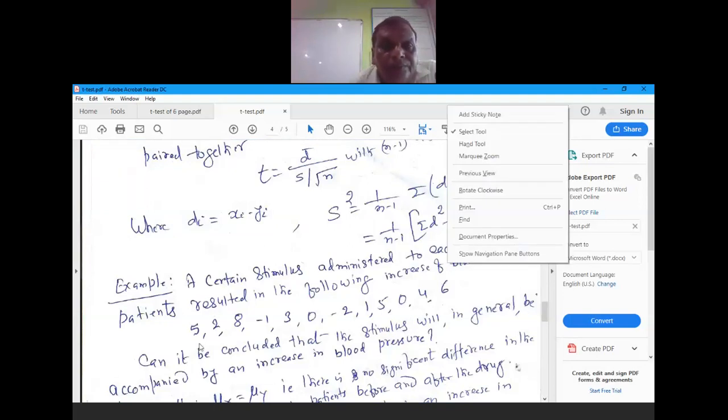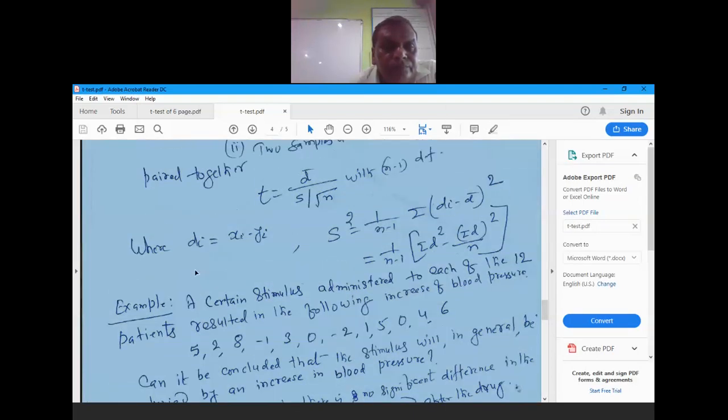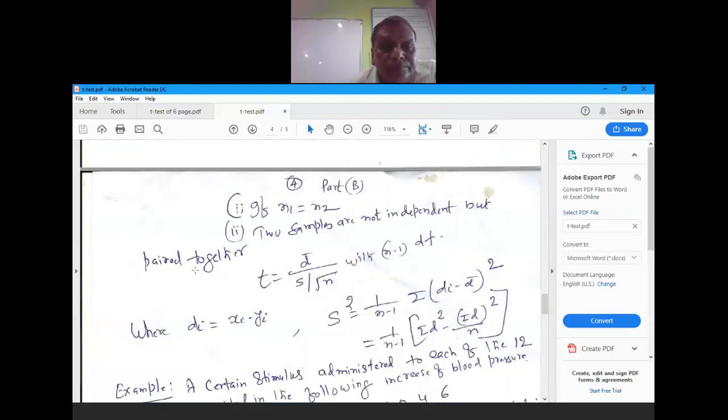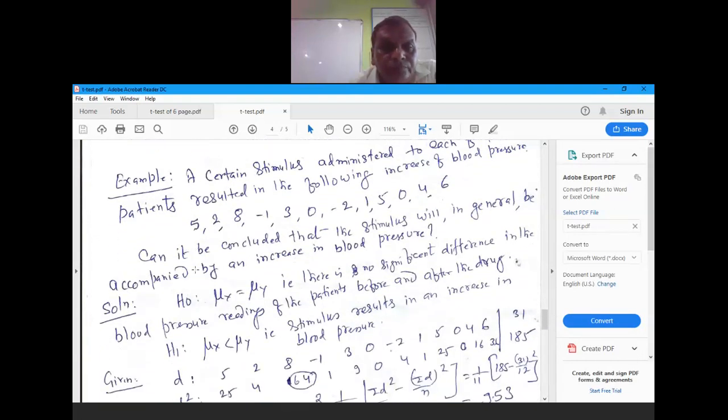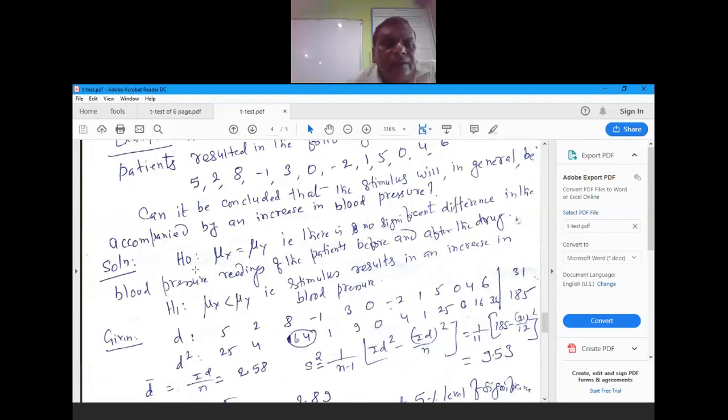Then you may write, can it be concluded that the stimulus will in general be accompanied by an increase in blood pressure?